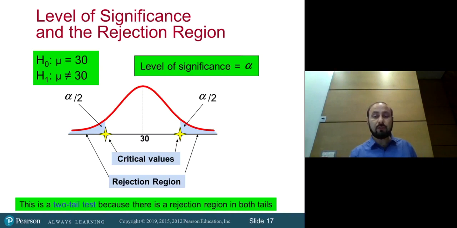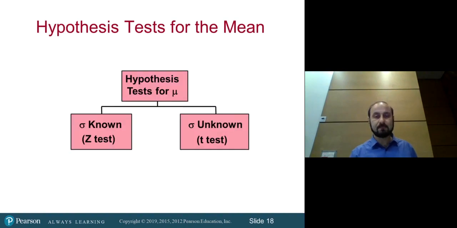Any value falling over here is very far from 30, and of course we have no choice but to reject our null hypothesis. Now the question is how to find this critical value. This is a very critical question. Remember, we talk about testing a hypothesis for the mean, the population mean denoted with mu.